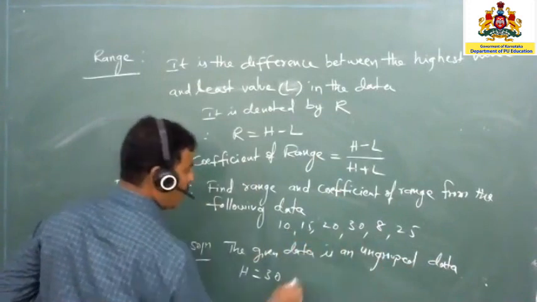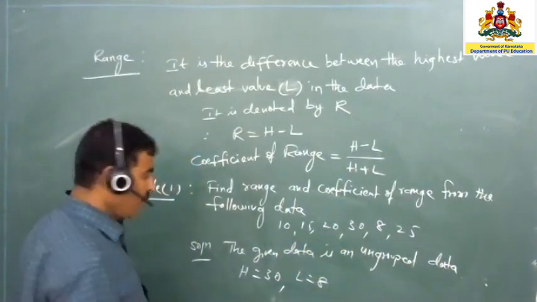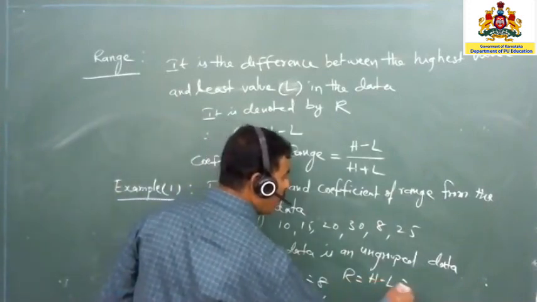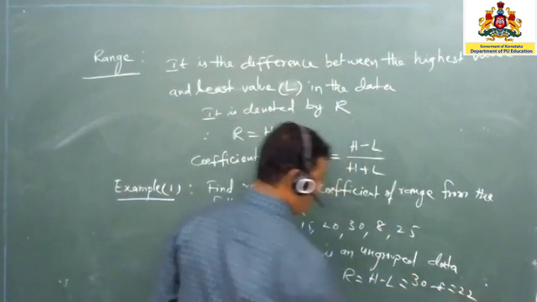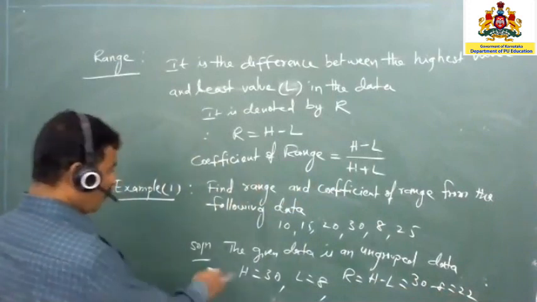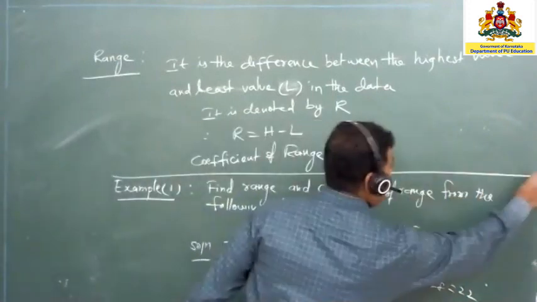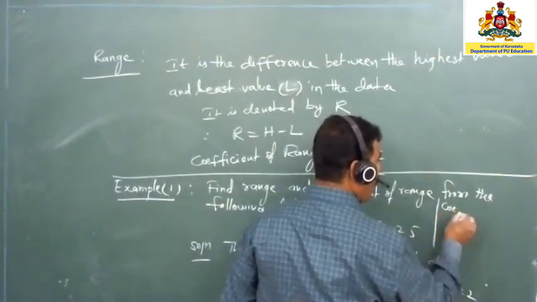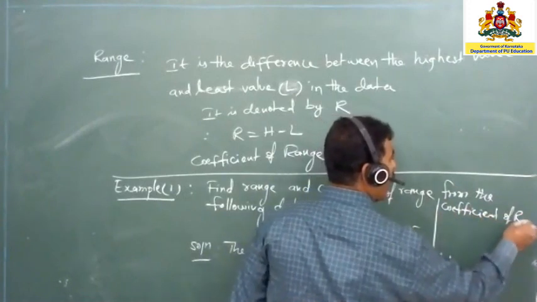Least value is 8. L equals 8. Therefore, range R equals H minus L, so 30 minus 8, 22. Then coefficient of range.